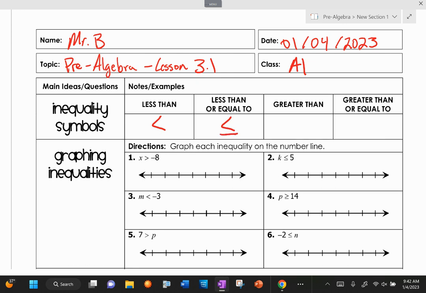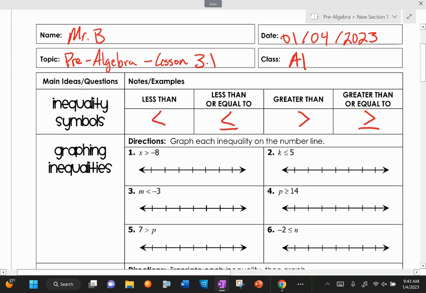Yeah, a line underneath it. That means we would not only include less than numbers, but we'd include numbers that are equal to. Greater than, we're just going to flip, and greater than or equal to, we'll have the line underneath. Again, I think we're all pretty familiar with those.